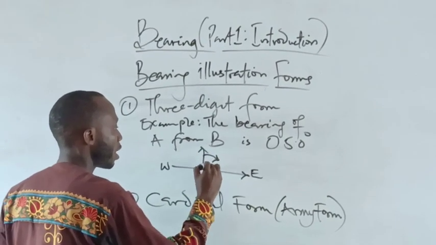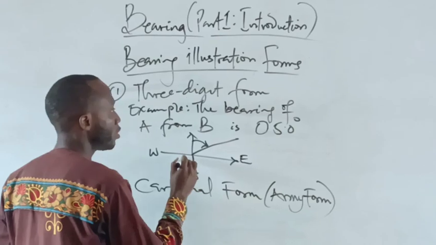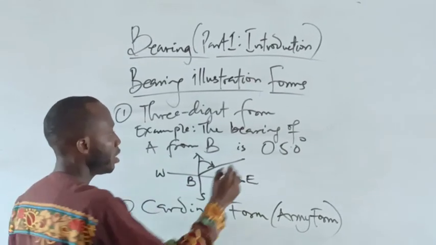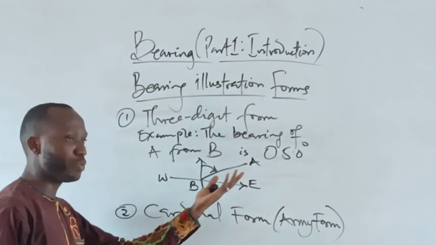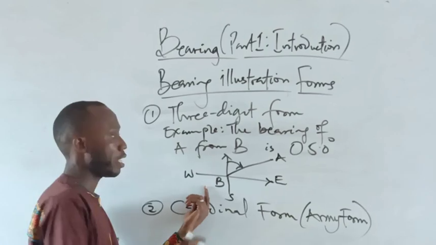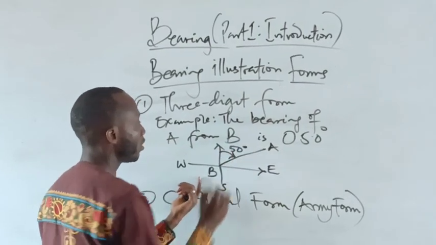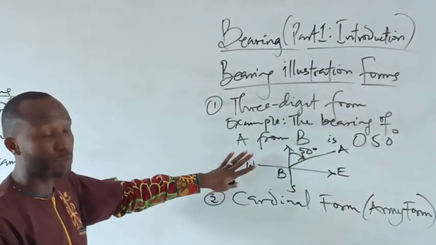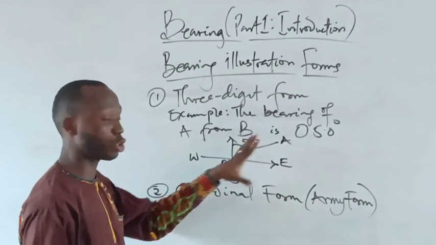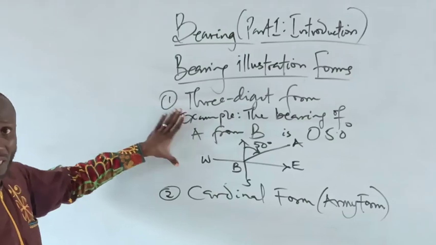So you just take an acute angle of 50. So from B, this is from B, and this is A. So that's the bearing of A from B, and that's 50 degrees. So this is what we call the 3-digit form of writing your bearing. So these have been illustrated using this particular method.